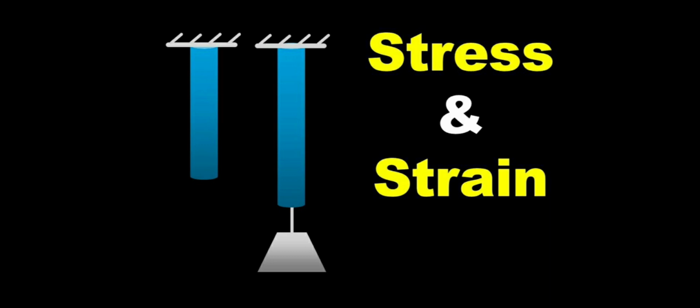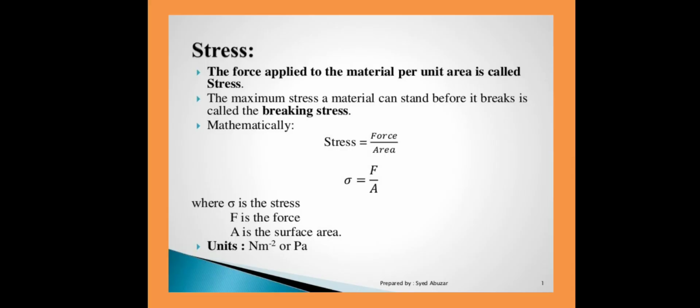First, stress. Stress is defined as the restoring force per unit area. The restoring force is the internal property of the material which shows the opposite action to the external force. The maximum stress that the material can withstand is called breaking stress.